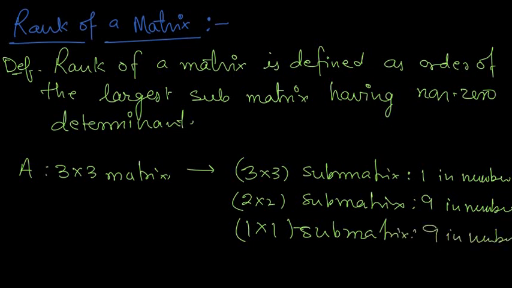So if you have a 3 cross 3 matrix A, then the 3 cross 3 submatrix is only 1, the whole matrix. If you want to make a 2 cross 2 submatrix from a 3 cross 3 matrix, there are 9 such possible combinations. You can work it out. And if you want a 1 cross 1 submatrix, there are 9 such, because each one corresponds to a matrix element.